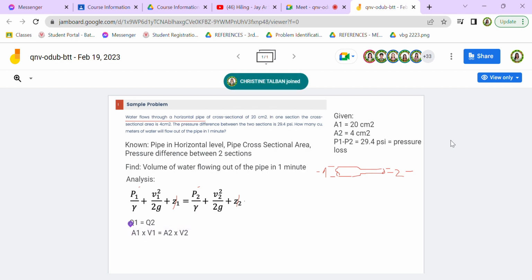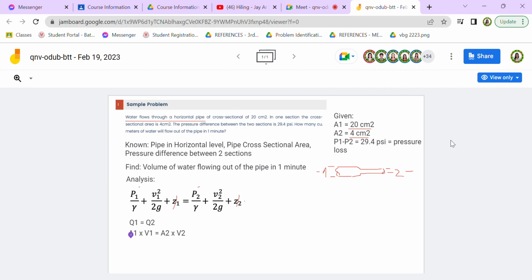So given naman ang area at point 1 which is 20 centimeters squared and area of point 2 which is 4 centimeters squared. So to get the value of velocity, we just need to divide A1 over A2, which is 20 divided by 4, we'll arrive at 5. So 5 V1 is equivalent to V2.